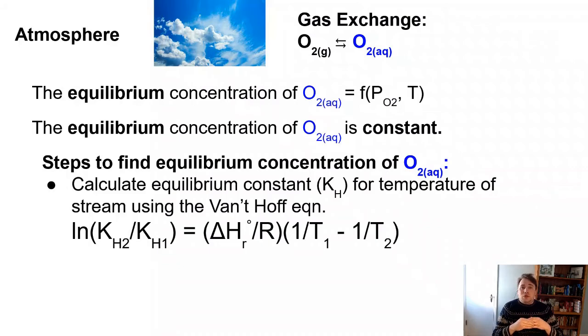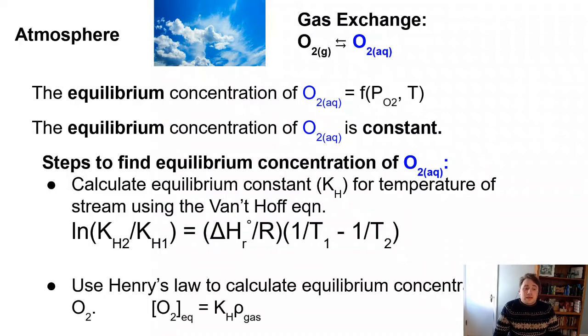So the first step to finding the equilibrium concentration of oxygen in our stream is to use the Van't Hoff equation to calculate the equilibrium constant that we're going to use. Then, secondly, we're going to use Henry's law simply to calculate the equilibrium oxygen concentration. Just a straightforward application of Henry's law using this K value that we calculated and the partial pressure of oxygen for our stream, or for the atmosphere above our stream.